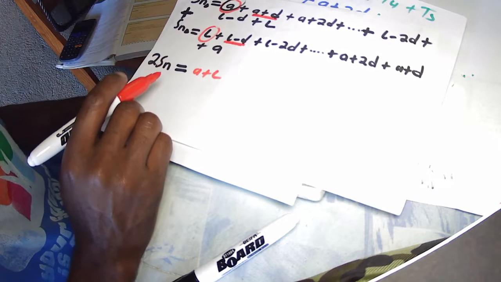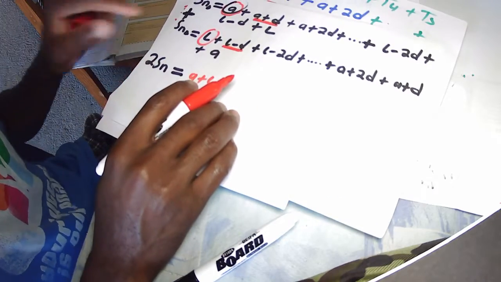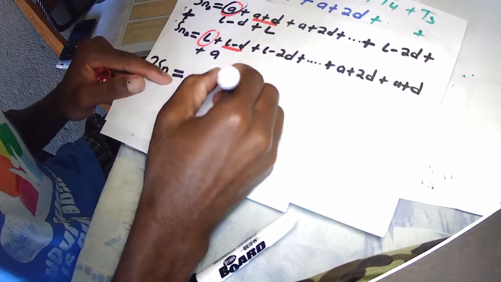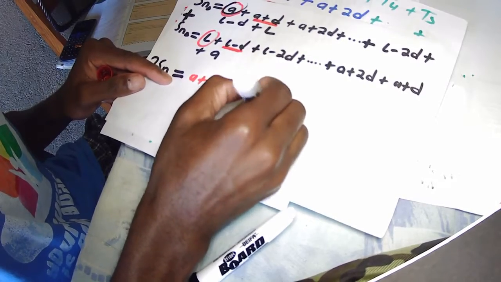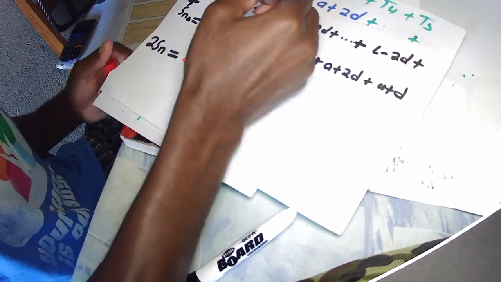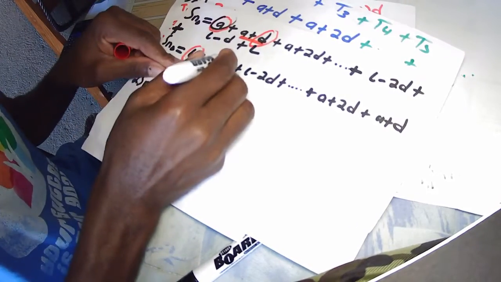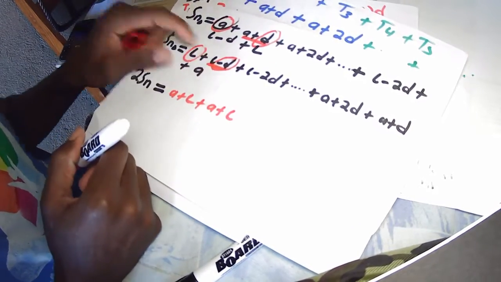What you see is that the a and the l we add, a plus l, but the d is positive and the d here at the bottom is negative, so that becomes 0.